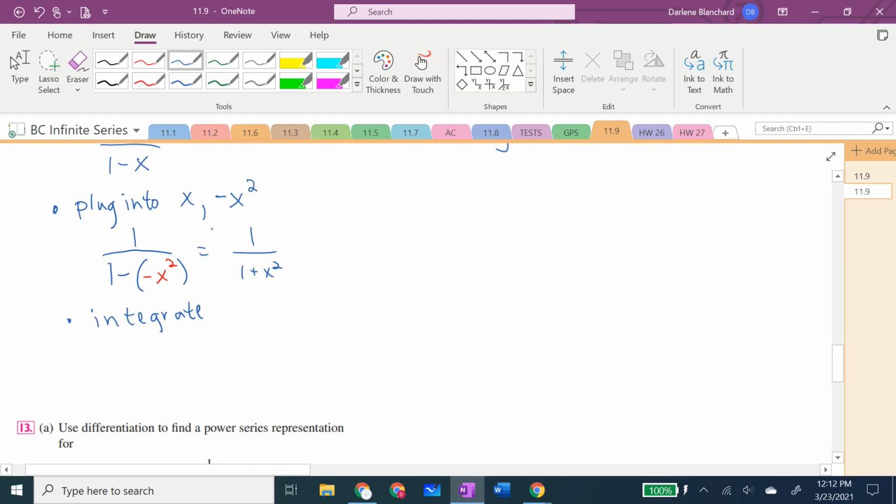And when I integrate this function, I know that that is giving me inverse tangent. Yes, there is a plus unknown constant, but my actual focus is the power series, not this function.